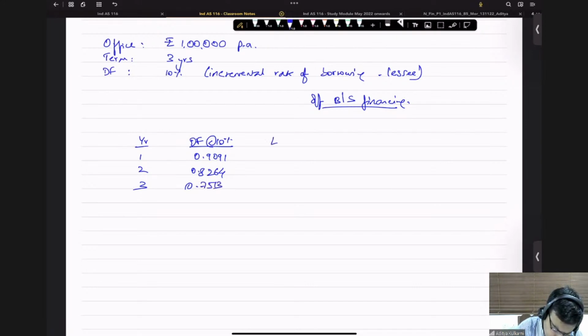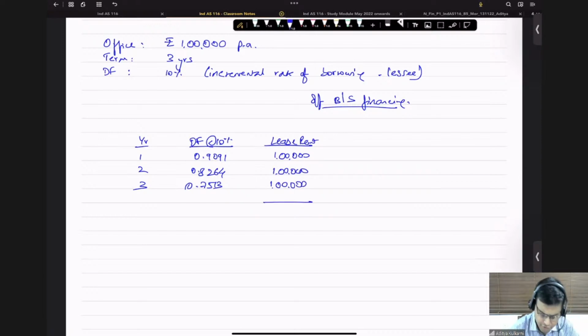So the lease payments, or lease rent, or cash outflow, is going to be 1 lakh, 1 lakh, 1 lakh. Now if I calculate the present value of cash outflows, since it is the same, I will just take it as the annuity factor.